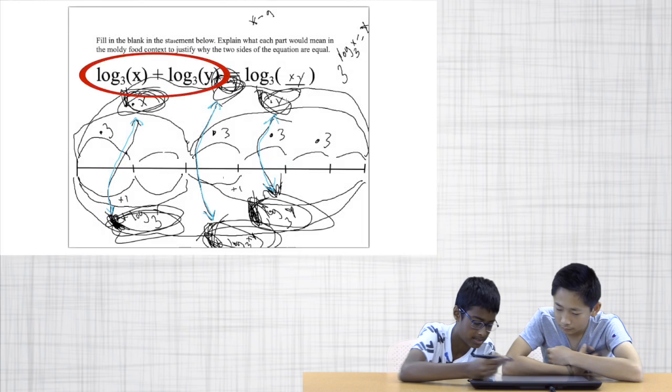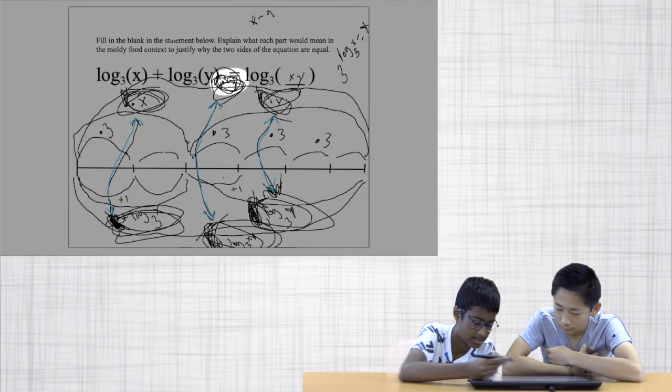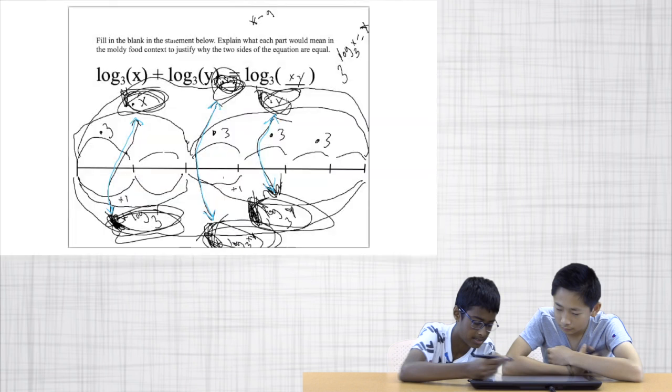This means their sum is the amount of time it takes for the amount of mold to increase by a factor of x and then by a factor of y. In other words, this is the amount of time it takes for the amount of mold to increase by a factor of xy. However, this amount of time can also be expressed as log base 3 of xy. This explains why log base 3 of x plus log base 3 of y is equal to log base 3 of x times y.